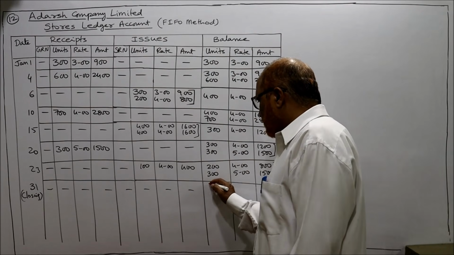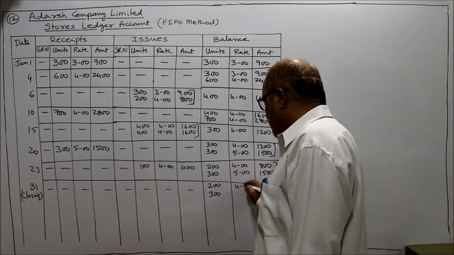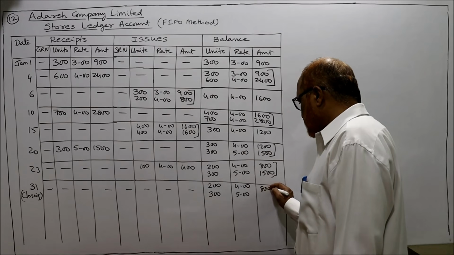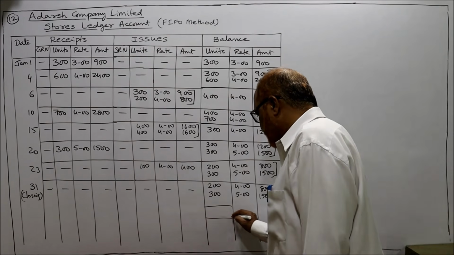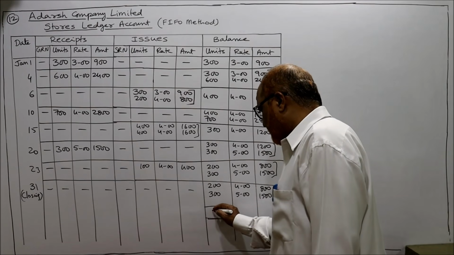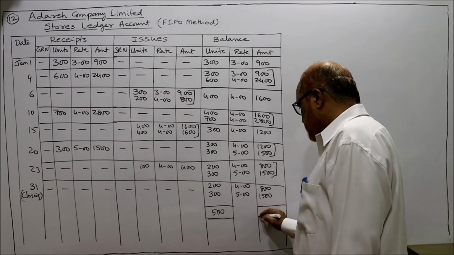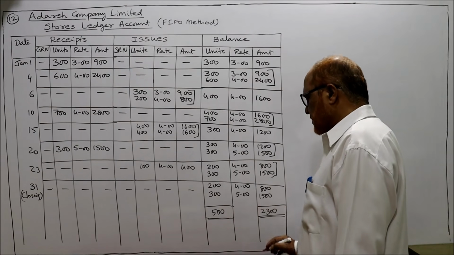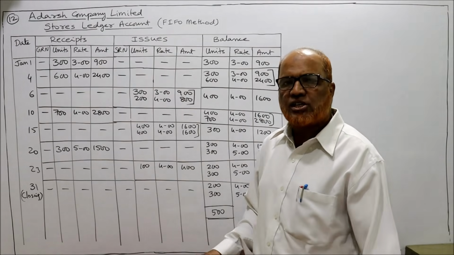So we'll drag the same thing, 200, 300, 4 rupees, 5 rupees, 800, 1500. Now I find the total. The total is 500 units and the total of the amount is 2300. That's all.